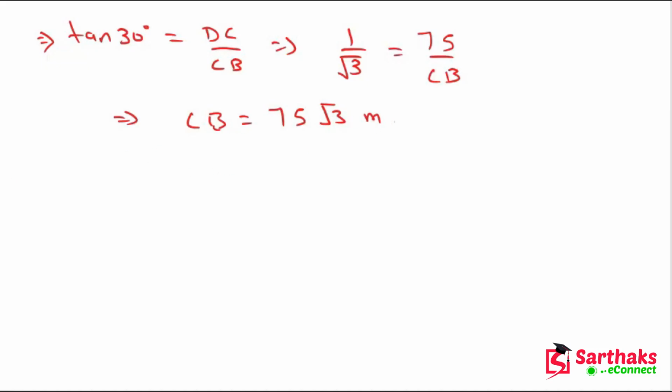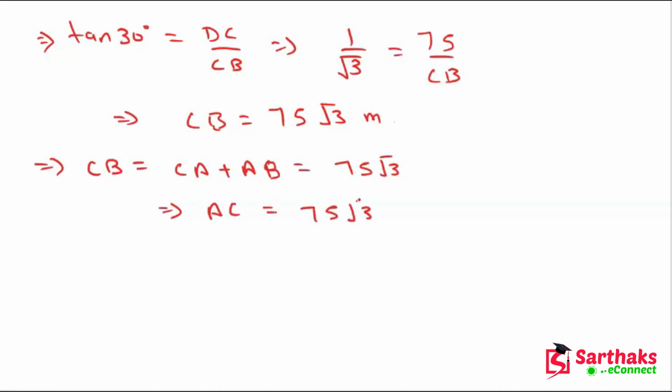Now we have to find the distance between two ships A and B. So we know that CB is equals to CA plus AB. And we know the value of CB, which is 75 root 3. From this we can easily find the distance AB, which is equals to 75 root 3 minus CA.